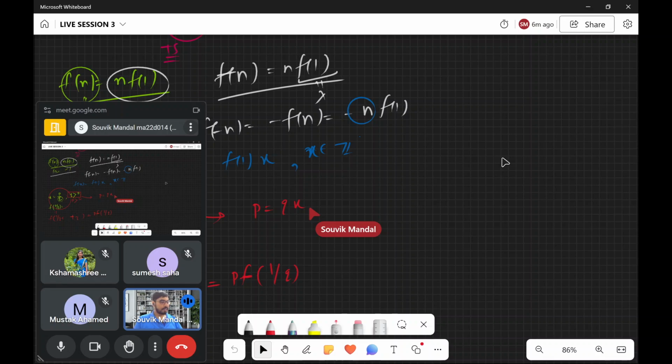Now you can apply f in this equation. Out of this, x equal to p by q, you can assume, and from this equation p is equal to qx. Are you able to manage, after applying f, to get the result?